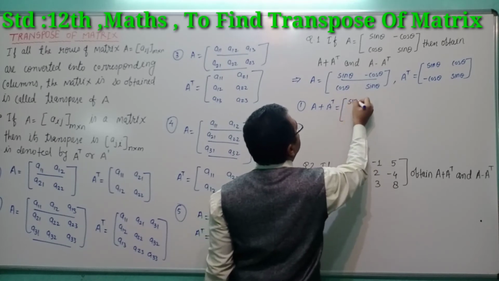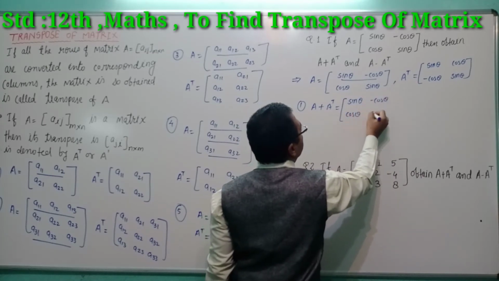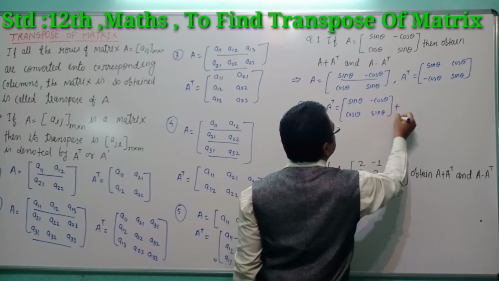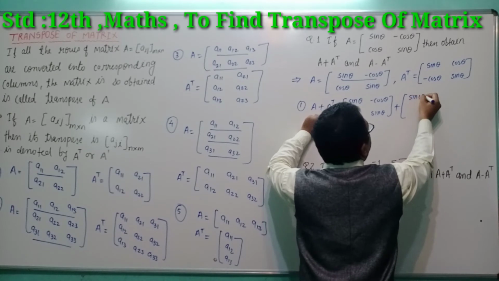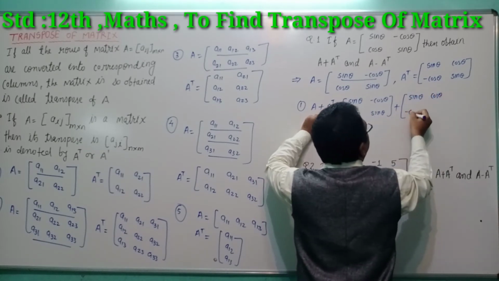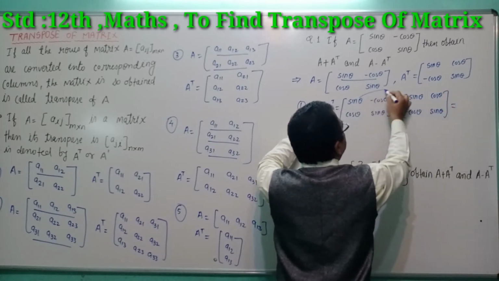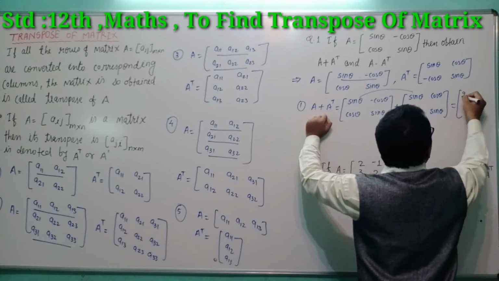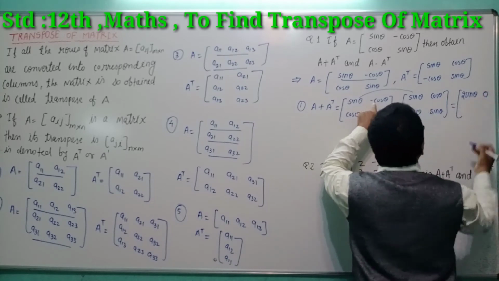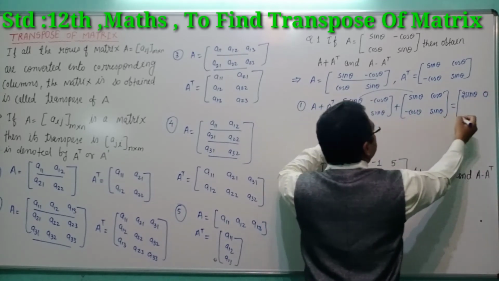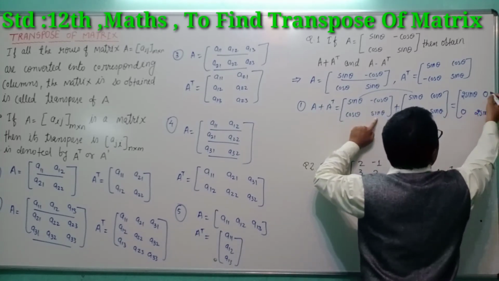Sin theta, minus cos theta, cos theta, sin theta, plus A transpose: sin theta, cos theta, minus cos theta, sin theta. So what will be the result over here? Sin theta and sin theta, 2 sin theta. Minus cos theta plus cos theta, 0. Cos theta and minus cos theta, 0. Sin theta and sin theta, 2 sin theta.